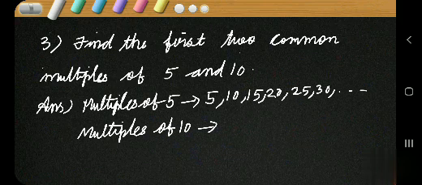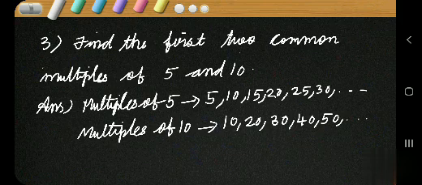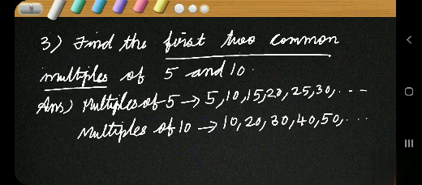Which are the multiples of 10? 10, 20, 30, 40, 50, etc. These are the multiples of 10. Now, in the question, we have been asked to find out the first two common multiples of 5 and 10. So we need to find out only the first two common multiples.